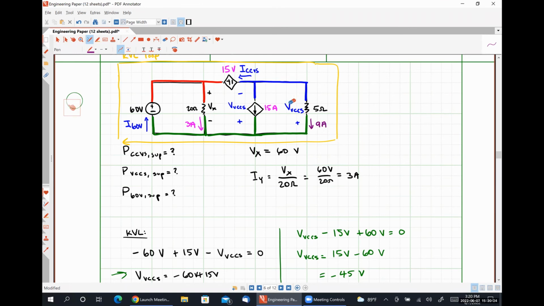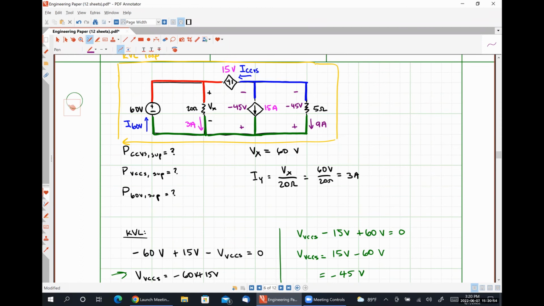We know that this voltage is negative 45 volts. And just for the sake of argument, I'm going to put it over here as well. So we only have two unknown quantities left to solve for.